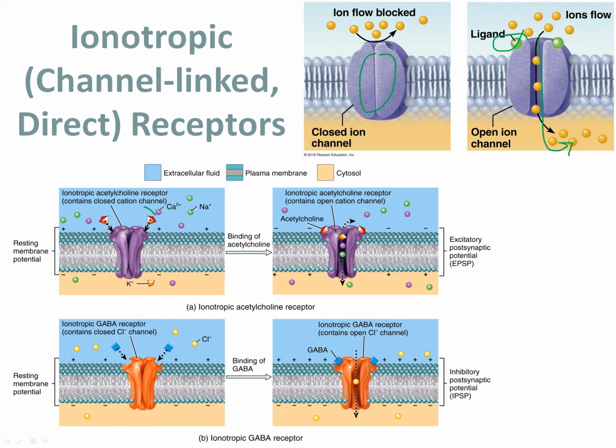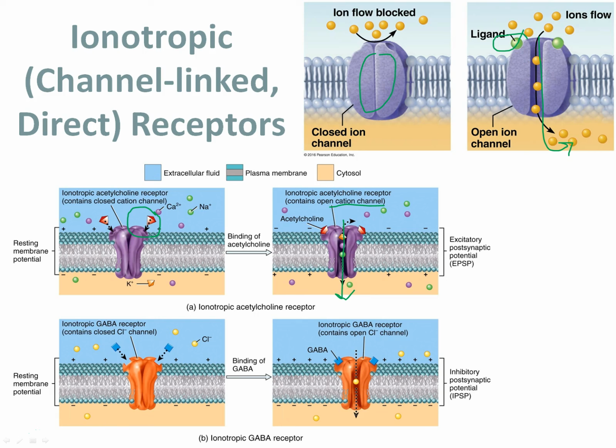When acetylcholine binds to an ionotropic receptor, it often opens a cation channel, which means that cations like sodium, potassium, and calcium can move through that channel depending on their concentration gradient. This generally creates an excitatory postsynaptic potential, an EPSP, because sodium moves into the cell.